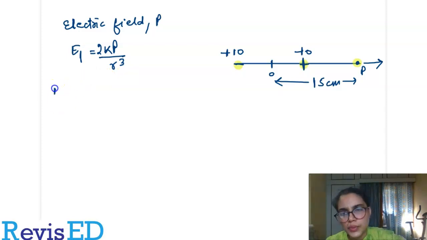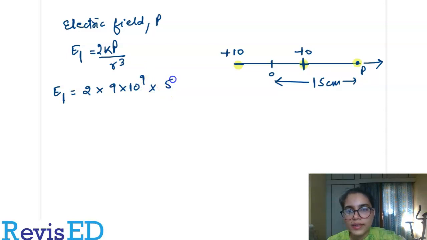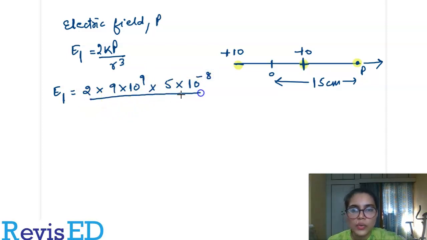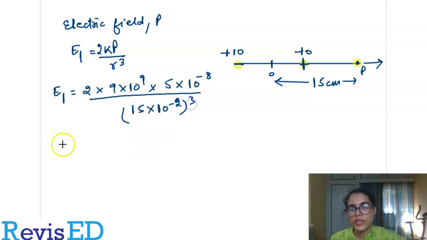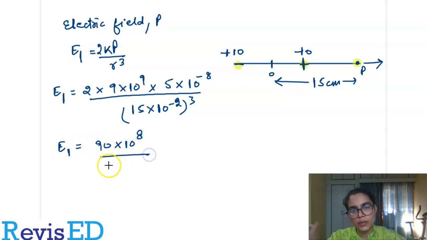So now let's substitute the values. Your E1 is 2 into 9 into 10 to the power 9, and we have calculated the value of p as 5 into 10 to the power minus 8 coulomb meter, and r cube is 15 into 10 to the power minus 2 meters whole cube. When you calculate this term, you get 90 into 10 to the power 8 divided by 15 cube, which is 3375.